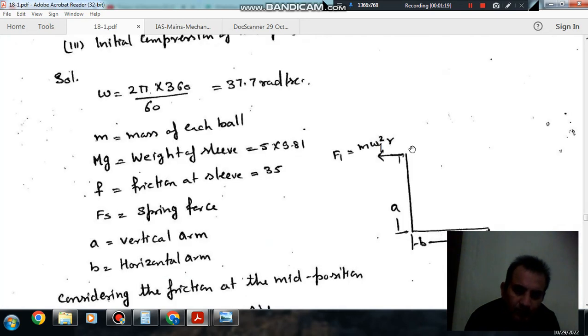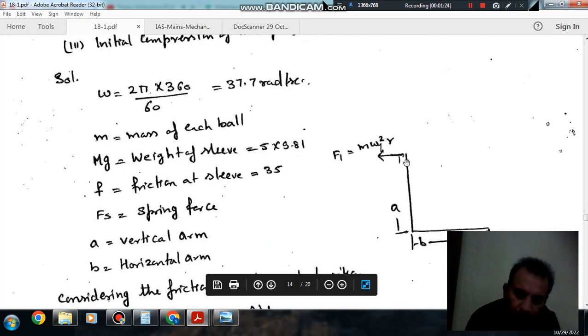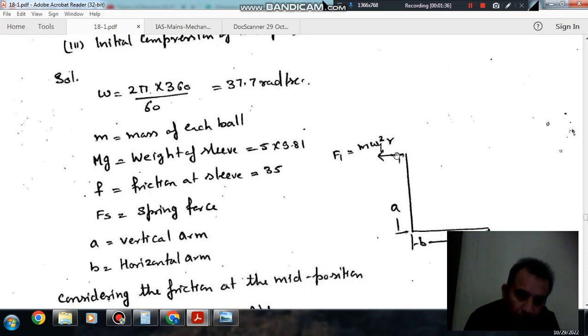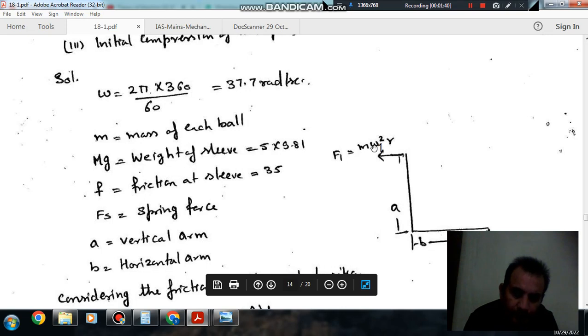Okay. Suppose this is the mid position of the sleeve and the arms are vertical and horizontal. There is no obliquity of arms. So at this position the sleeve is trying to move up, which means the rotation speed is maximum at this position. So this is omega.